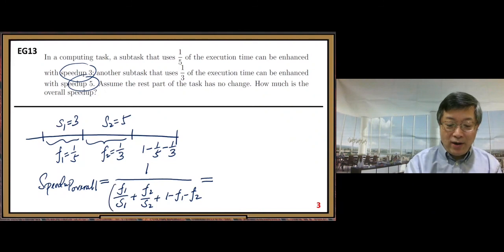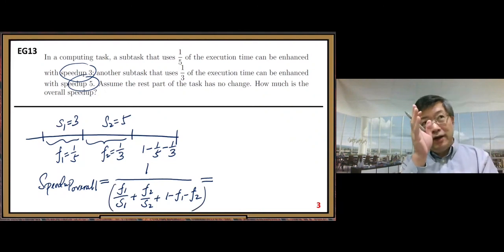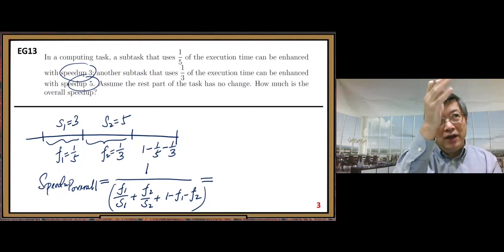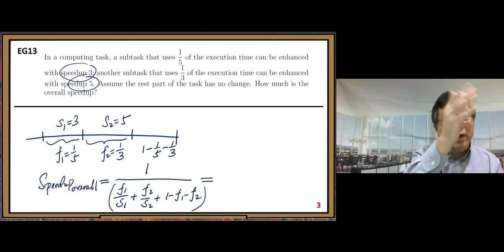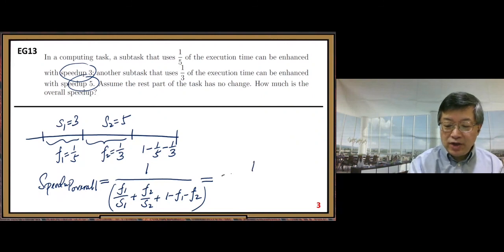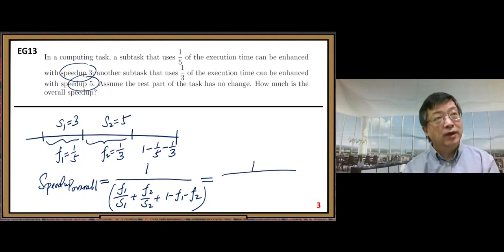Because the bottom part is how we represent T new. Although we cancel out T old, if we put T old in, that's the T new representation. Then it's very easy. We just plug in the numbers given.